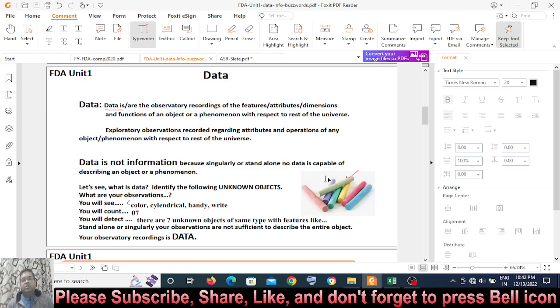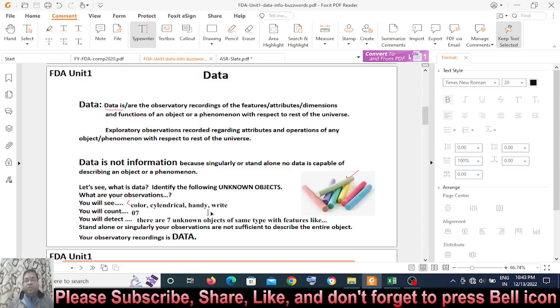Here, the data when collected by you is primary data. Now, secondary data is this. Suppose you saw this object and you met your friend and told your friend, oh my dear friend, I saw some unknown object, white in color, cylindrical in shape, handy, and when we rub it on a stone, it left some marks there.